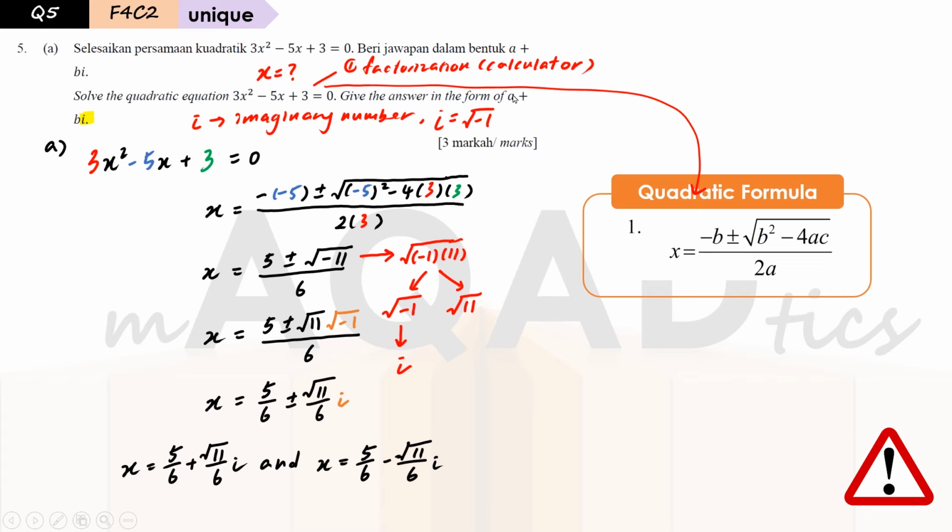This part of the question is just telling us that we need to have that structure of the answer. We have two values, one is a and one is b, but a cannot have i, b must have i. So in our answers, you can see that one value does not have i and the other value does have i. We have already followed the form of the answer.